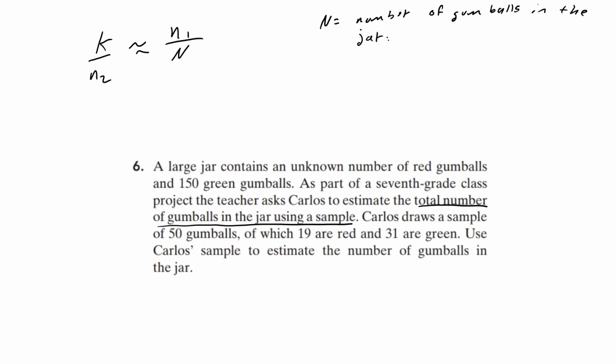N1 is in the entire jar. We know that there are 150 green gumballs. So that will be the tagged. So that will be your N1. So a large jar containing an unknown number of red gumballs and 150 green gumballs. So these will be the tagged. This is the total.